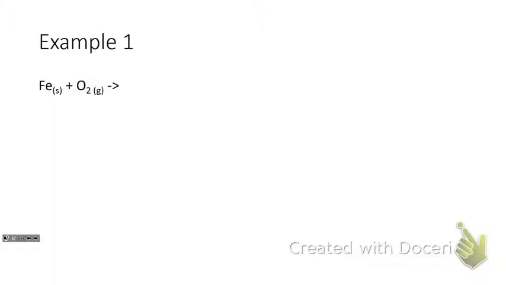Okay, so step 1, we're going to identify the type of chemical reaction. So what's going on here? It's a formation, right? Really good. Okay, so this is a formation reaction, okay?